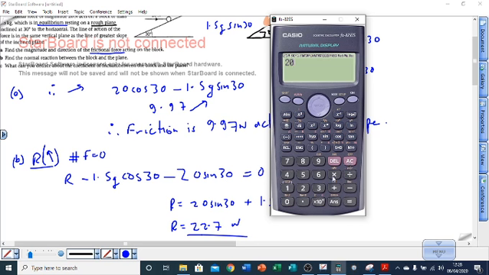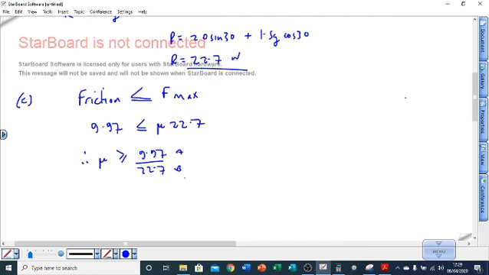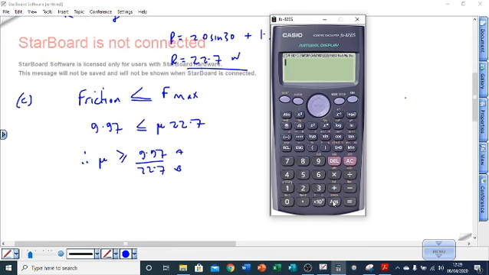So 20 cos 30, close brackets, minus, open brackets, 1.5 times 9.8 times sin 30, close brackets, equals, and there it is. Shift stow A. Then I do my previous answer divided by my alpha B, and that gives us that to 3 sig fig.